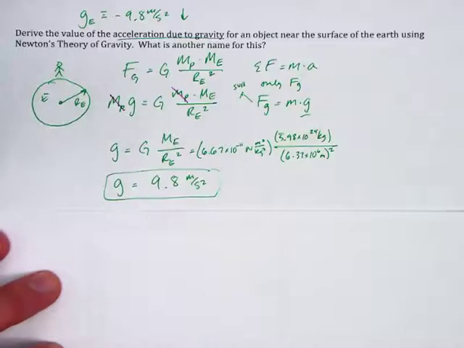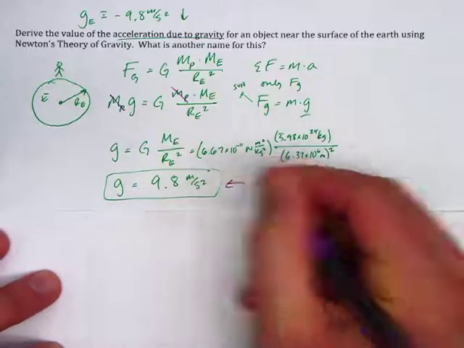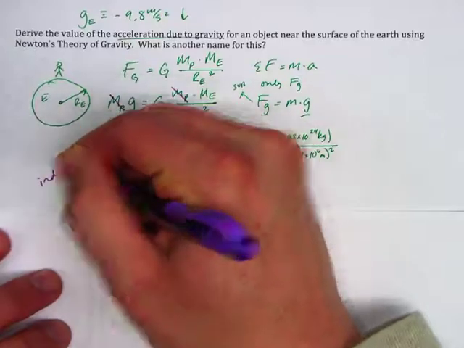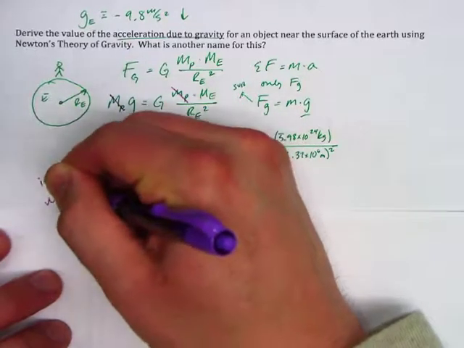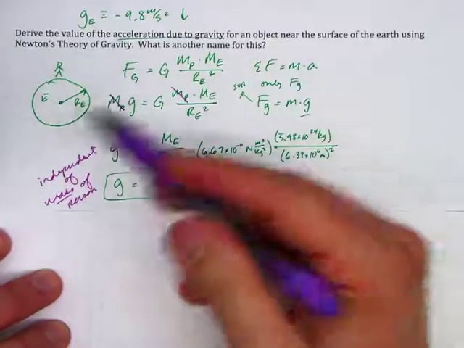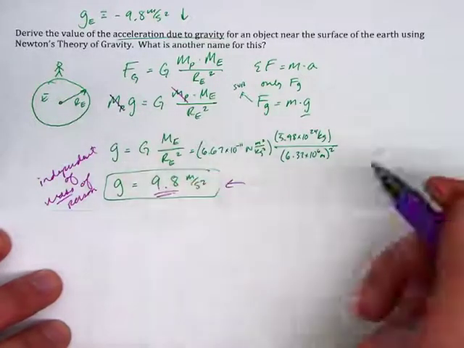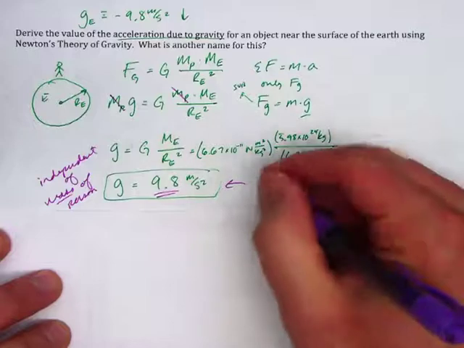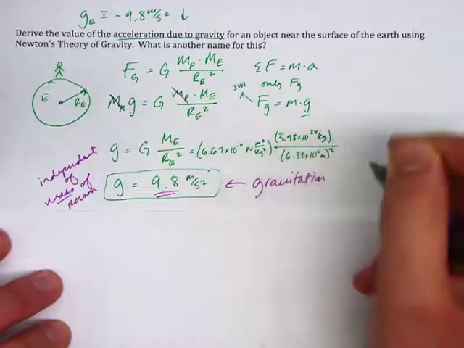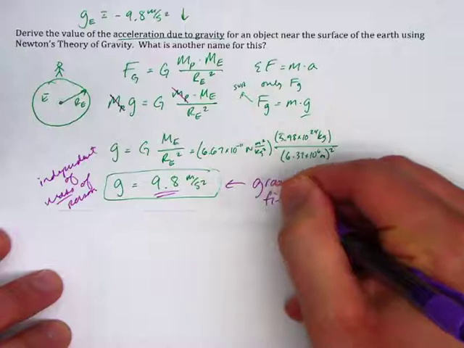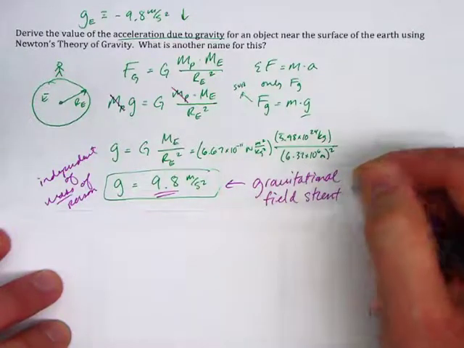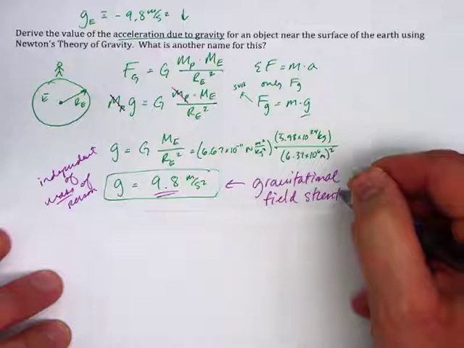Now we have a special name for this, because if you notice, this is independent of the mass of the person. So whatever I put near the surface of the Earth has the same acceleration due to gravity. So we call this the gravitational field strength. Be nice if I had the g there.